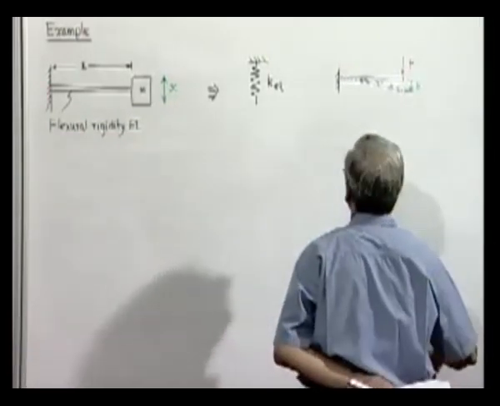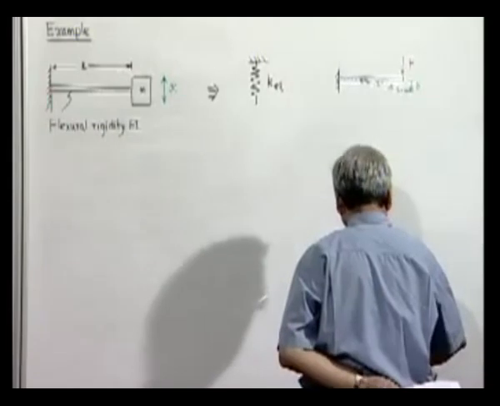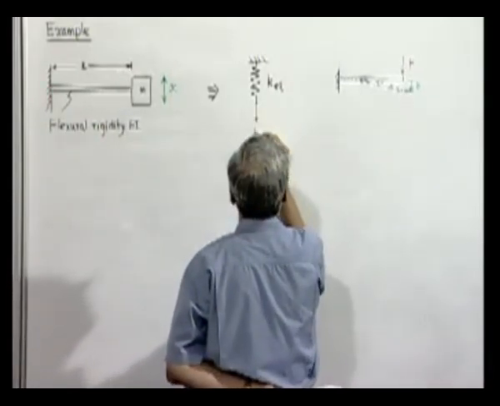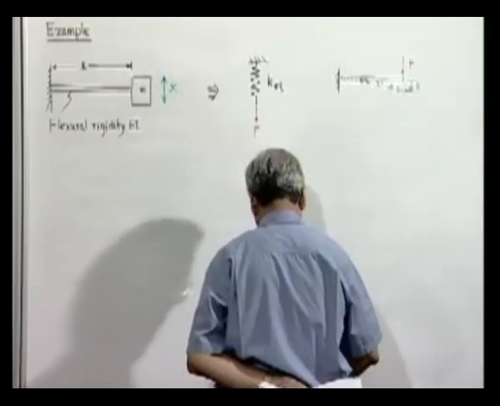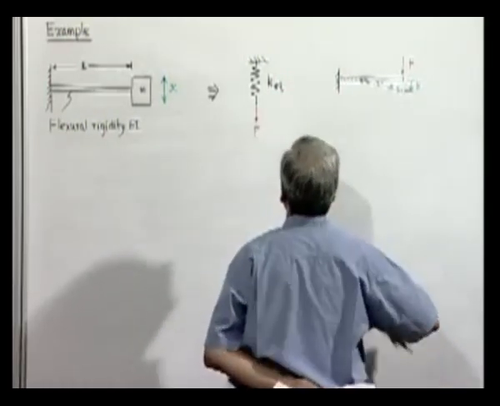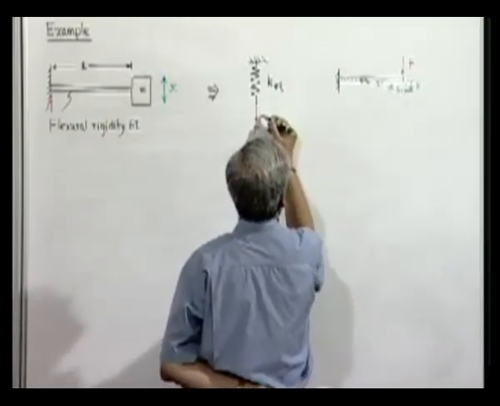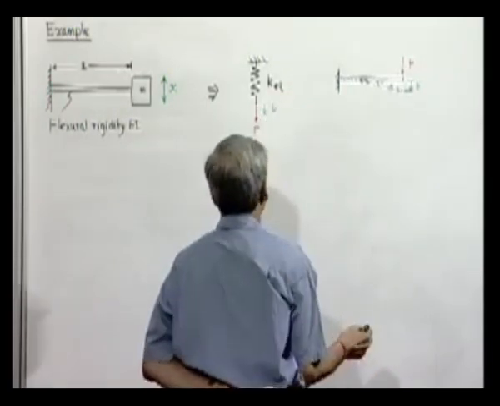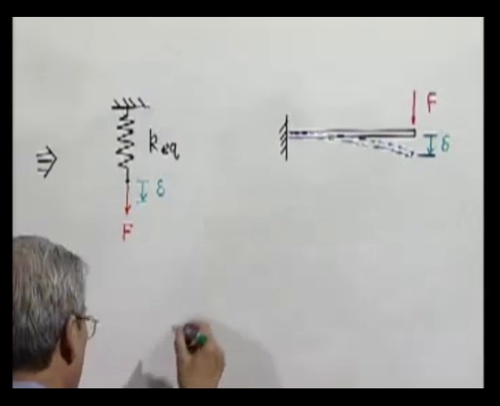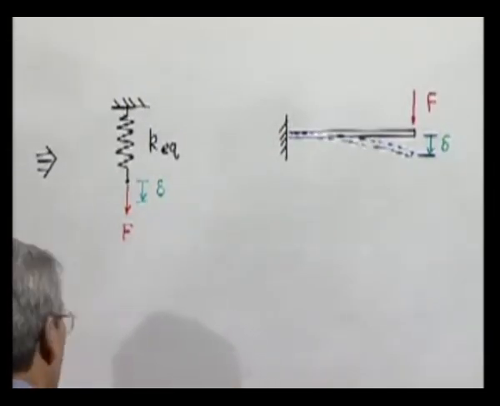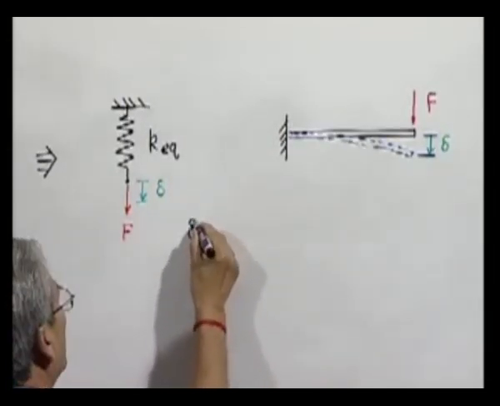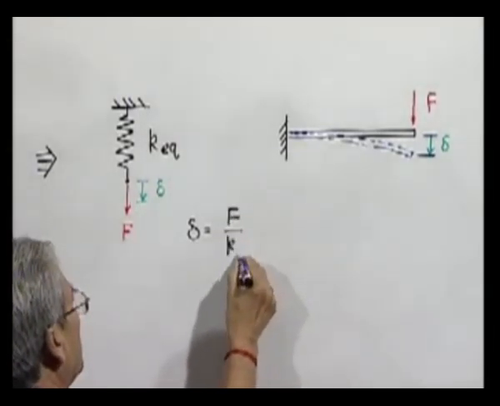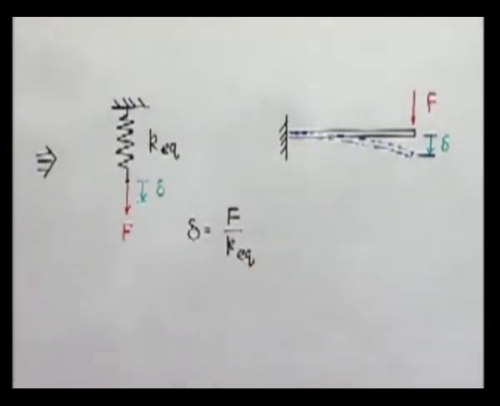If you apply the same force on the spring, it should be deflected by the same amount. So here the deflection delta is equal to how much? F by K equivalent, by definition of a spring stiffness.